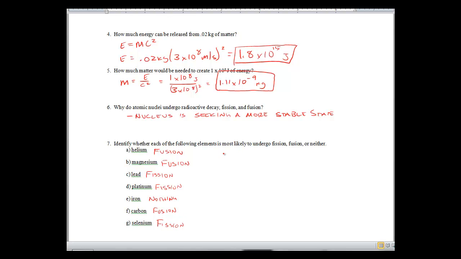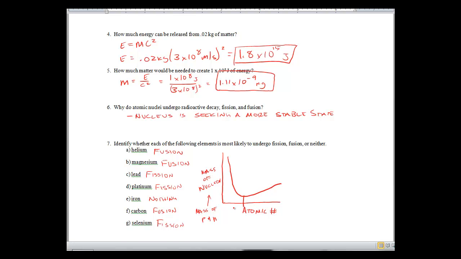So the idea here is this little graph. It's got atomic number down here, and then it has mass per nucleon. What basically this means is the mass of protons and neutrons. And what we see with this is a graph that looks like this.